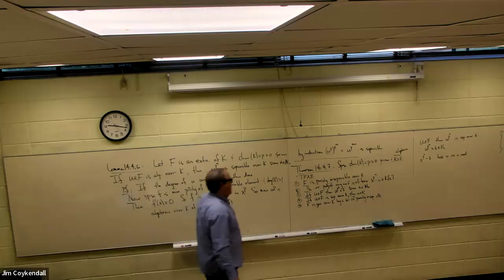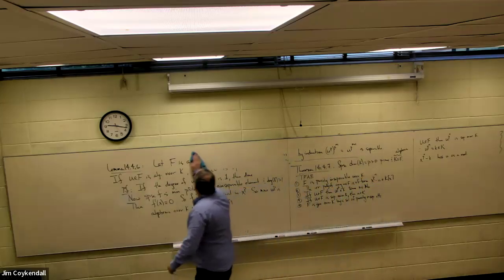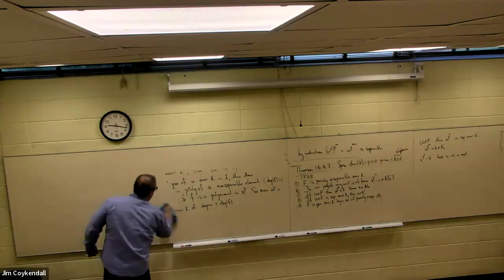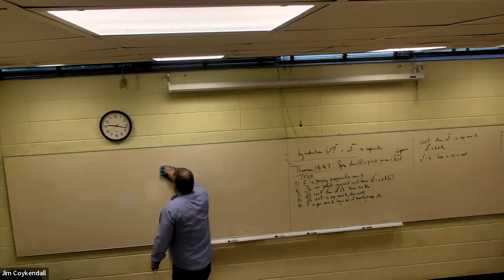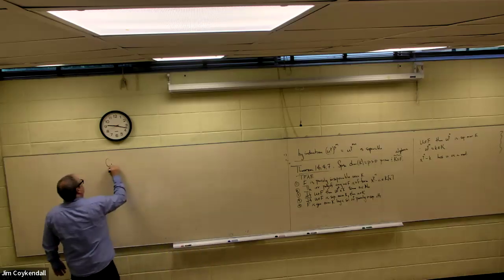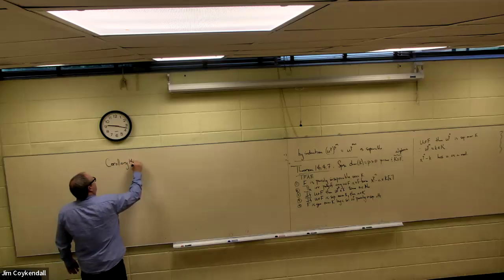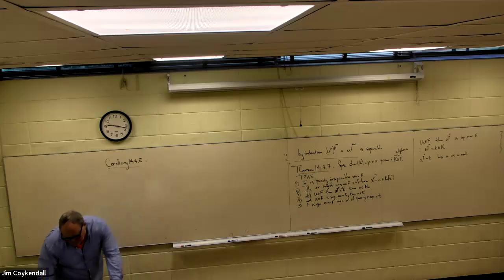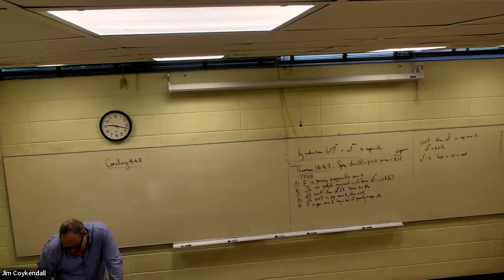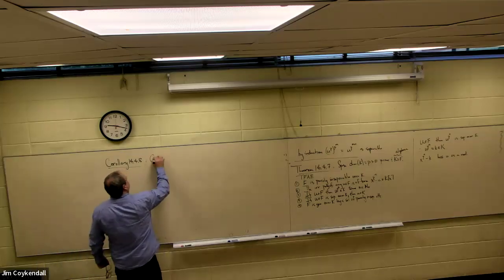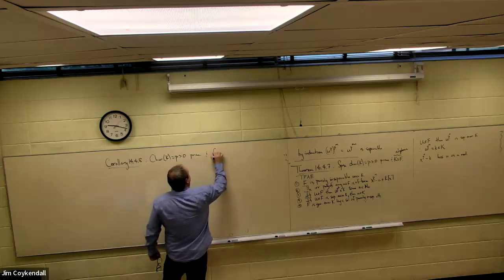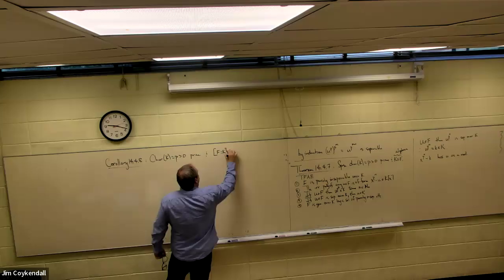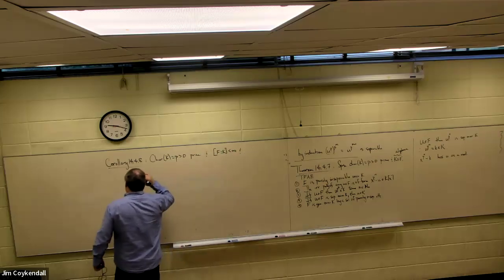Corollary 14.4.8. Let's suppose that the characteristic of K again is p, and F is this time a finite dimensional purely inseparable extension. And F is purely inseparable.